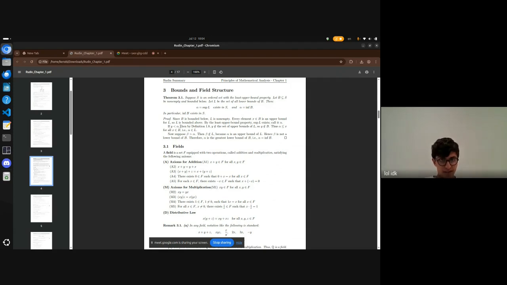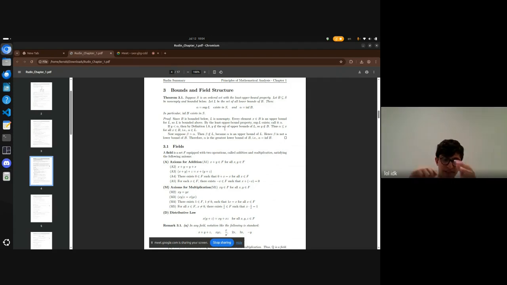If y is less than alpha, then by the definition of least upper bound, y is not in the set of upper bounds of L, because alpha is the least upper bound.